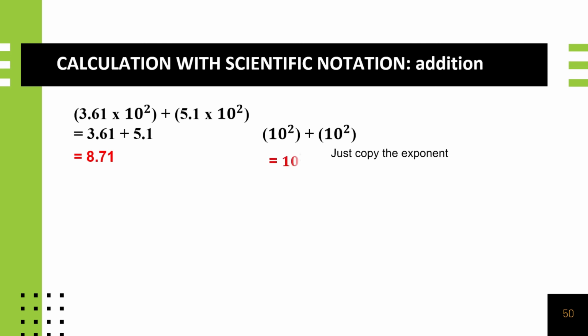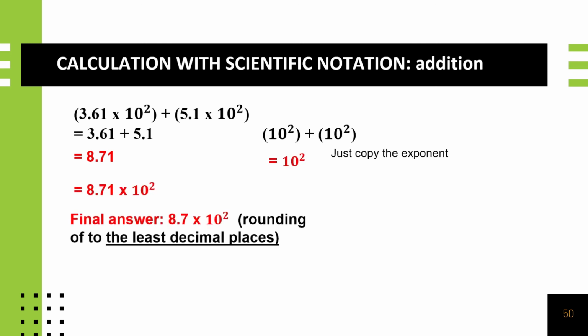Okay, so this is an addition of scientific notation. So, in addition in scientific notation, pag mano-mano, hindi nyo na kailangang ipag-add tong dalawang to. X times 10 raised to 2. X 10 raised to 2. Okay, so nandito lang yan sa gilid lang. Ang kailangan nyo lang pansin is ito, yung 3.61 plus 5.1.